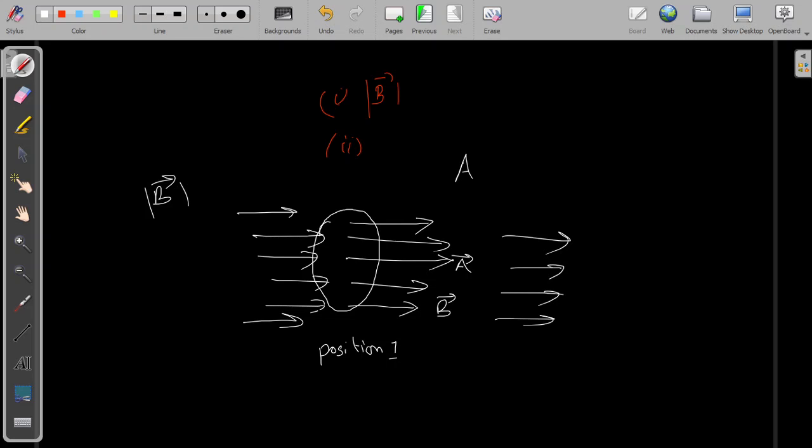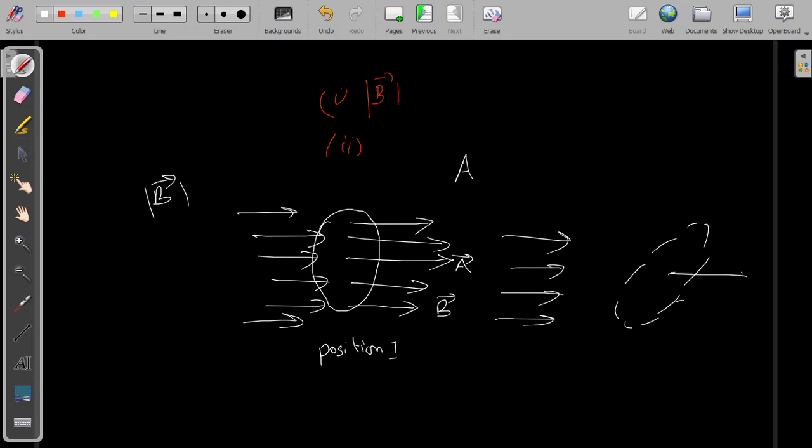Now what I am going to do is tilt this single turn coil like this. Then what happens is the direction of the area vector has changed.